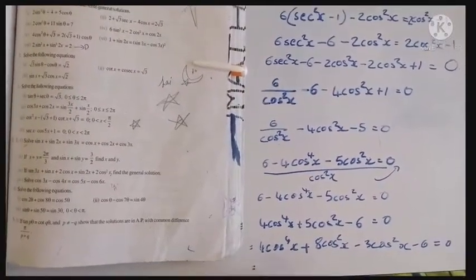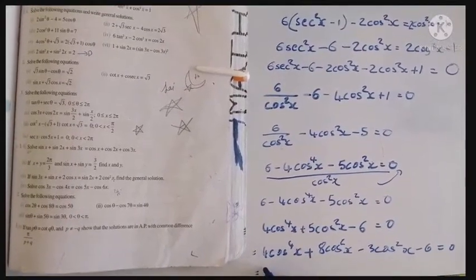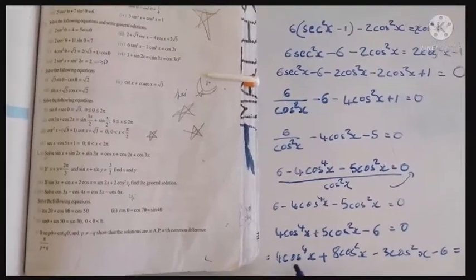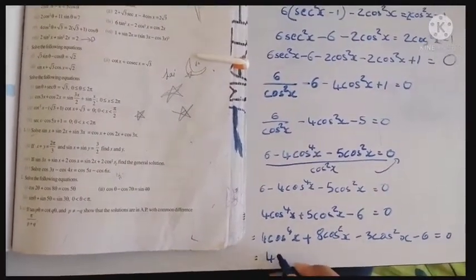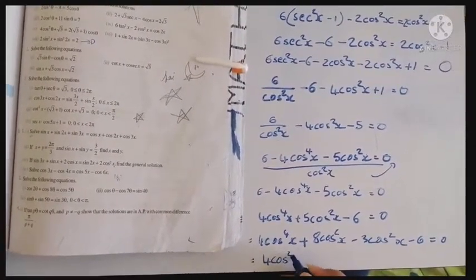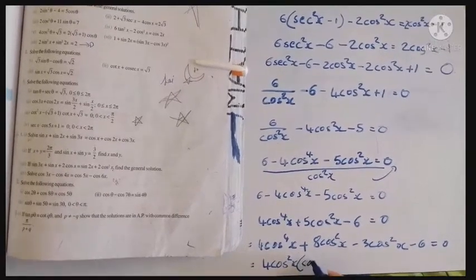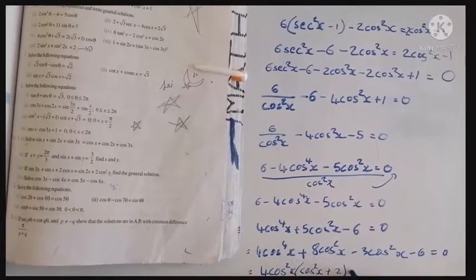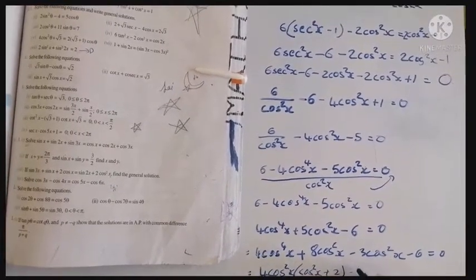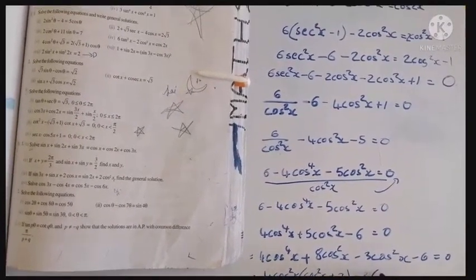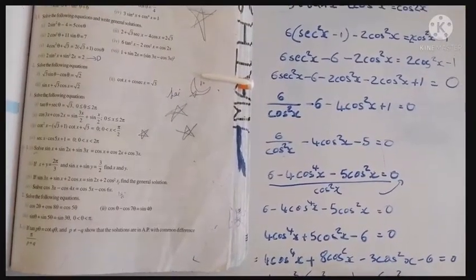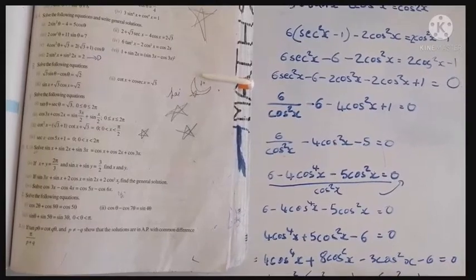Now we'll take 4 cos square x common. What will be remaining? Cos square x plus 2 will be remaining. Here, in the same way, we take minus 3 common, cos square x plus 2 is equal to 0.